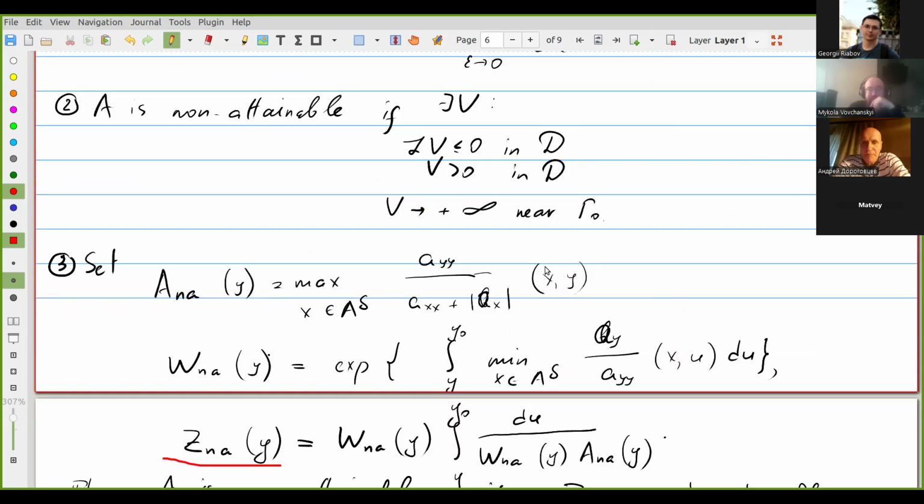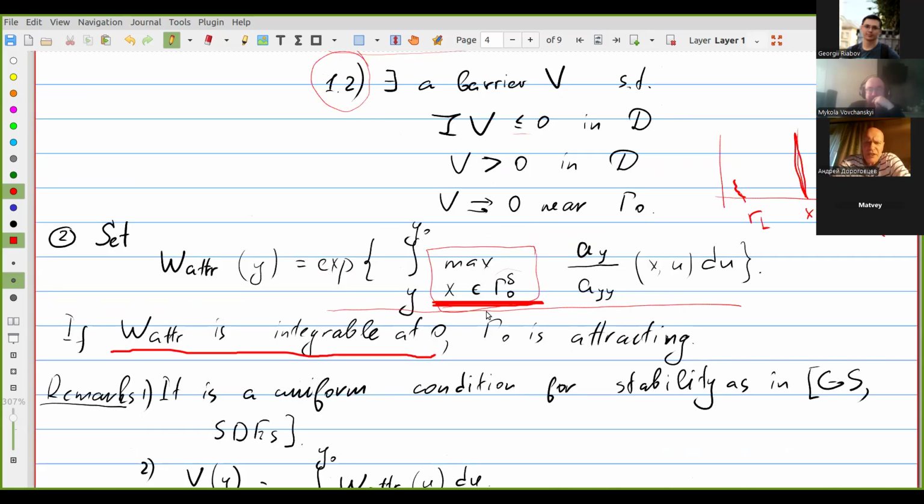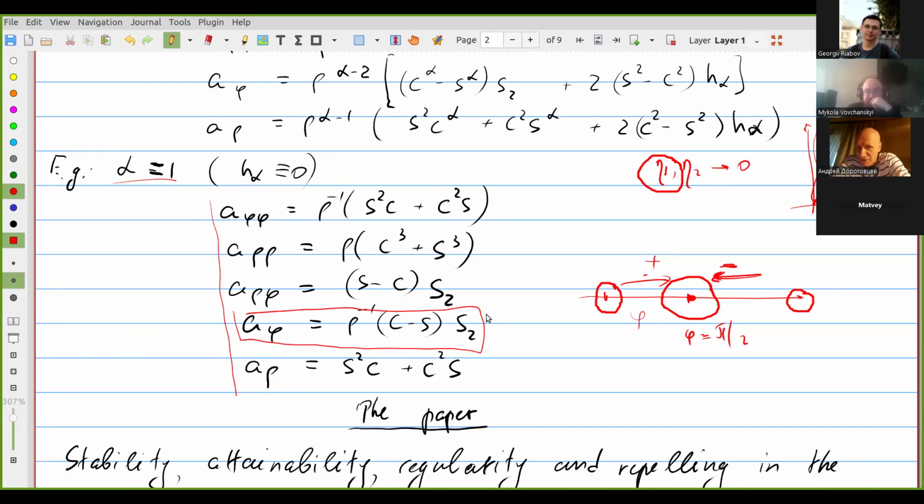I also remember the idea that, because we just want to discuss one point, we discussed this angle point.